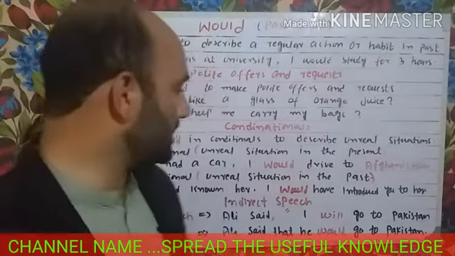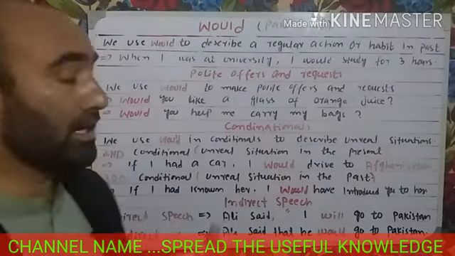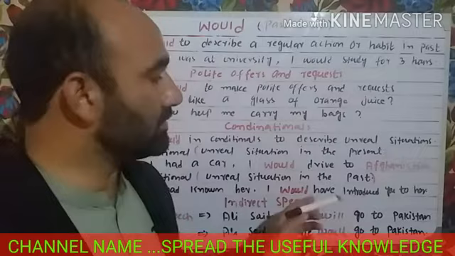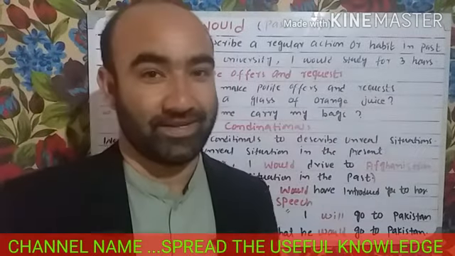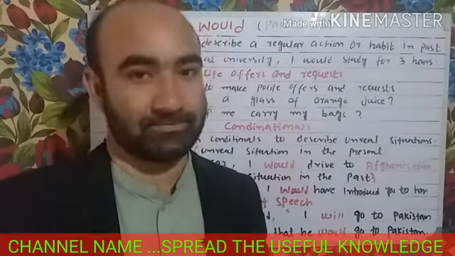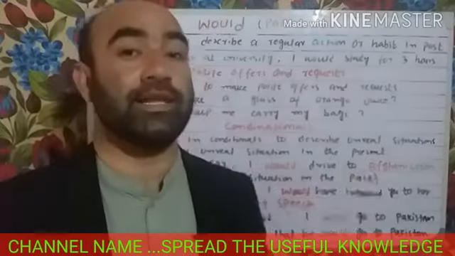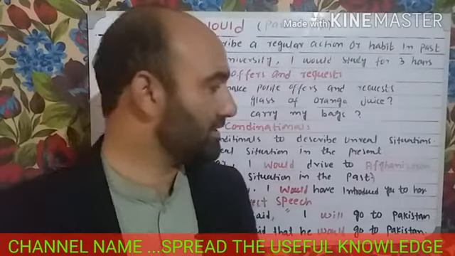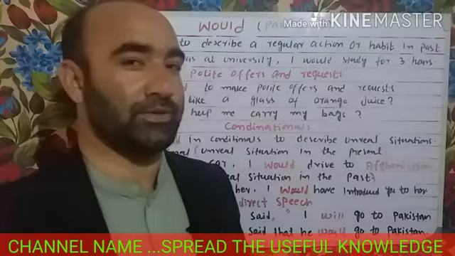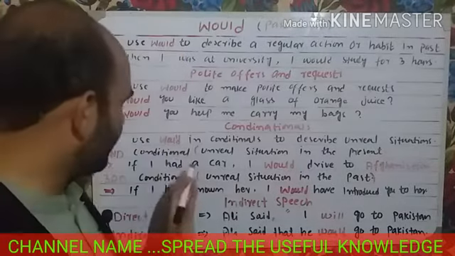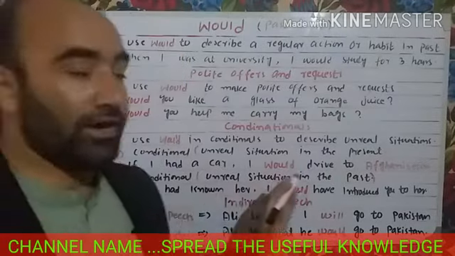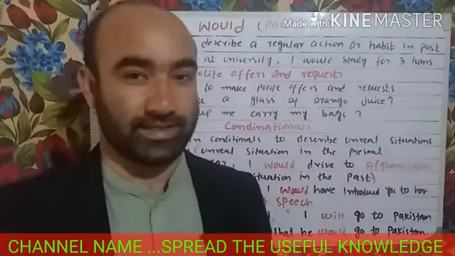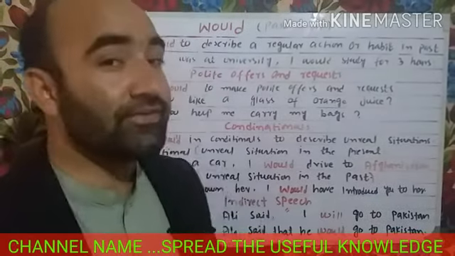For example, if I had a car, I would drive to Afghanistan, which is my favorite place. Afghanistan is a mountainous place, so I like it very much. And inshallah, I will go one day over there. If I had a car, I would drive to Afghanistan. So this is an unreal situation.